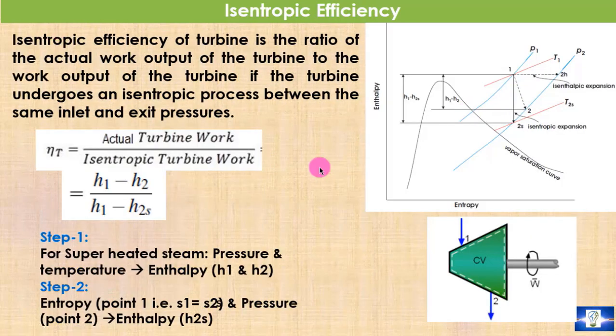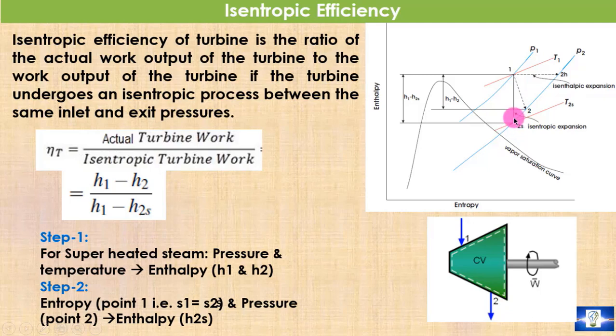We have seen in the last slide that isentropic efficiency is the actual turbine work divided by the isentropic turbine work. So we have to calculate the actual turbine work from this enthalpy entropy diagram. This is the P1 line and this is the P2 line. The actual turbine work is equal to H1 minus H2 and the isentropic turbine work is equal to H1 minus H2s.